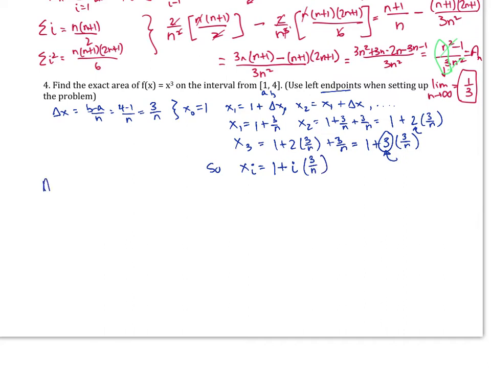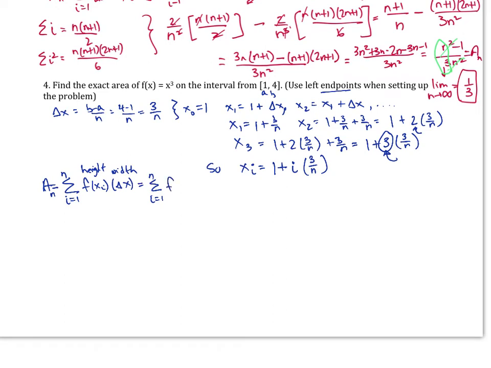So then my area sub n would be the sum from i equals 1 to n of f of x sub i times my delta x, like we've always done. Again, this is your width, this is your height. So width times the height. And then I can substitute some values here. i equals 1 to n.